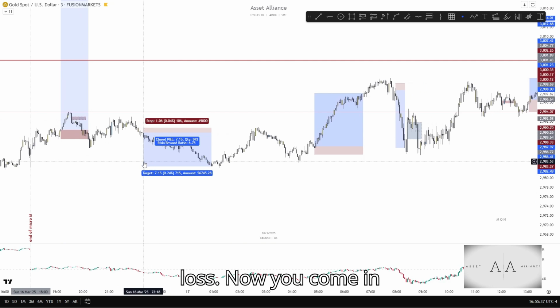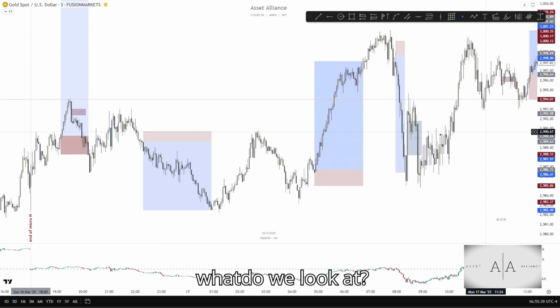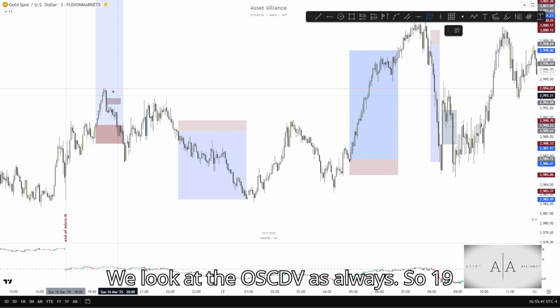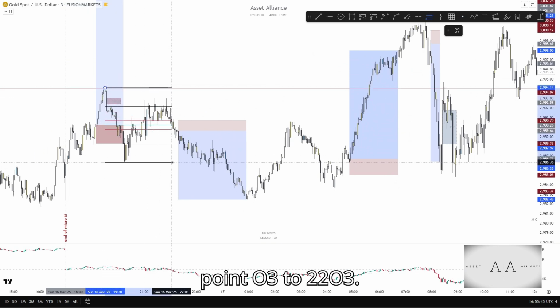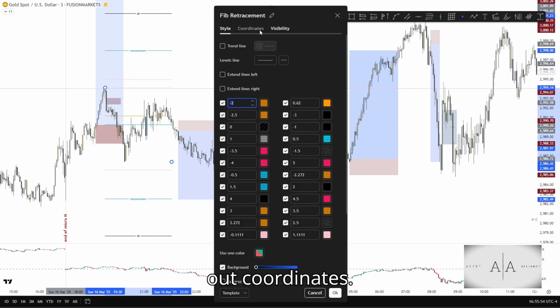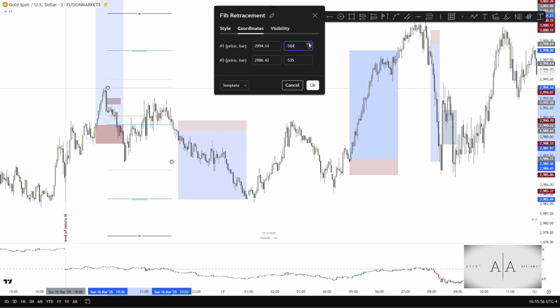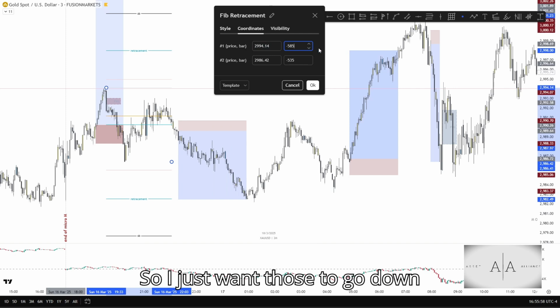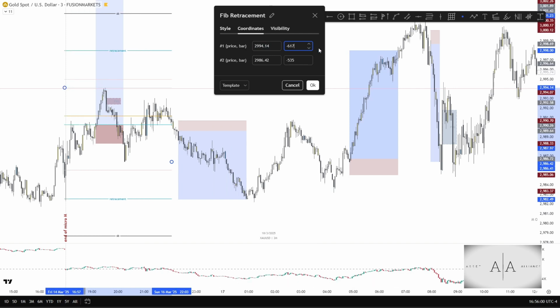Now, you come in here at that 6.75. What do we look at? We look at the OSTDV as always. So 19.03 to 22.03. This would have been the low. OSTDV. Mark that out. Coordinates. Just want those to go down. There. Perfect. 19.